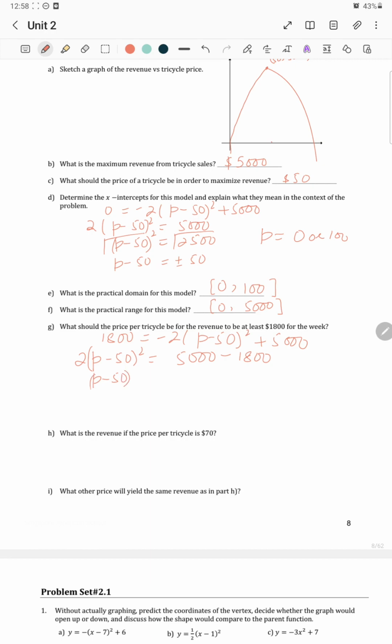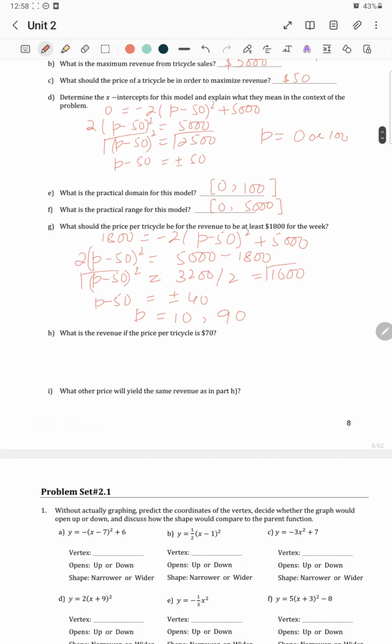(P minus 50) whole square is equal to 3200 divided by 2, which is equal to 1600. So taking the square root on both sides, P minus 50 is equal to plus or minus 40. P is equal to 10 or 90.